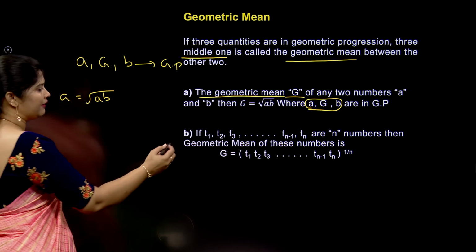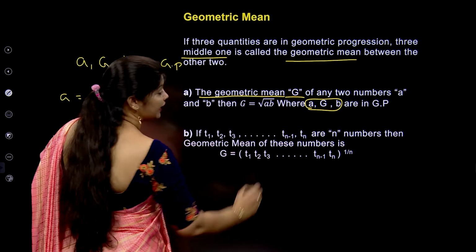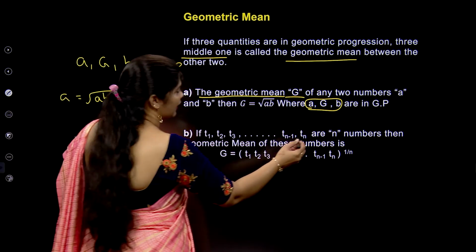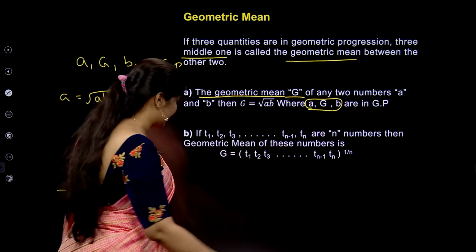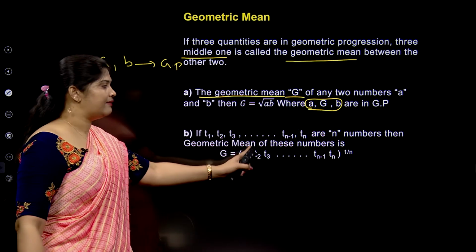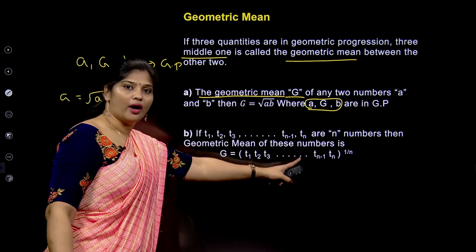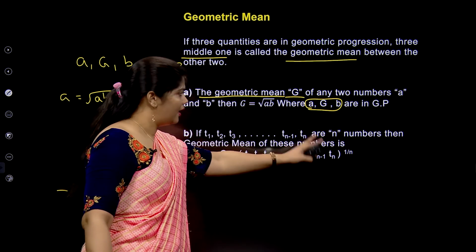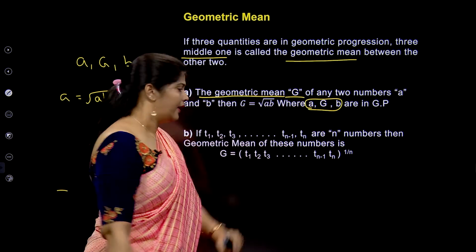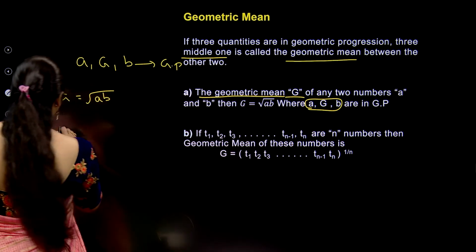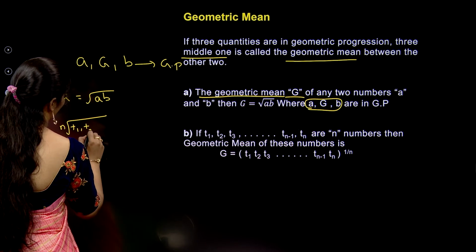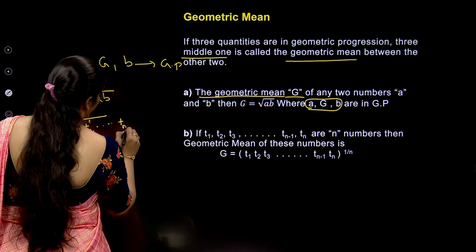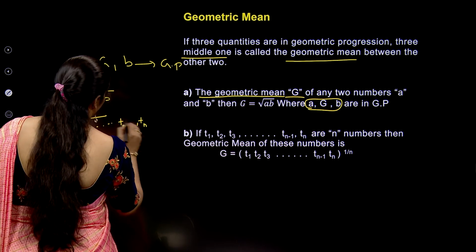Then if T1, T2, T3 and so on, Tn minus 1, Tn are n numbers, then the geometric mean of these numbers is G equals (T1 T2 T3 and so on Tn minus 1 Tn) whole power 1 by n. It can also be written as the nth root of T1, T2 and so on, Tn minus 1, Tn.